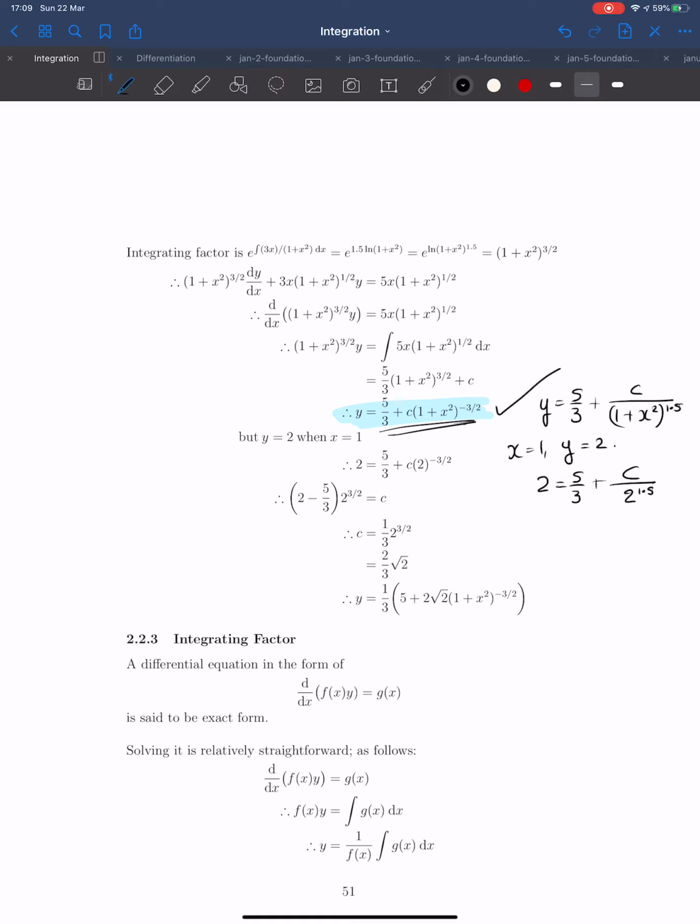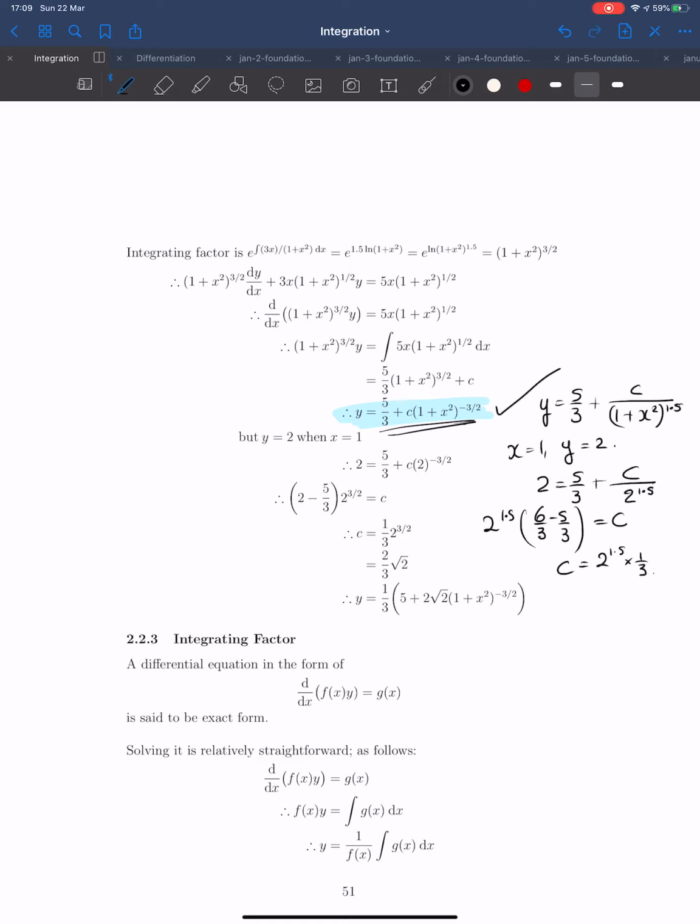Take 2 as 6/3 minus 5/3, times 2 to the power 1.5, equals c. So I've taken the 5/3 off each side and multiplied by 2 to the power 1.5. So c is 2 to the 1.5 times 1/3.